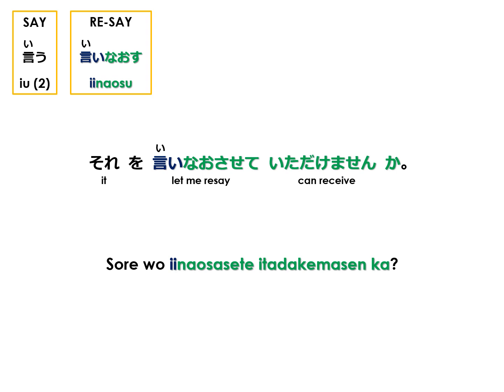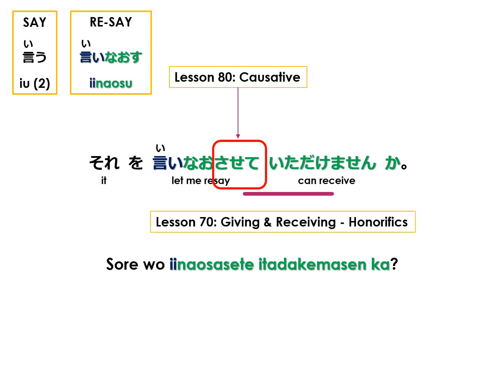First, we've conjugated いい直す into the causative tense いい直させる, meaning to let me re-say it, which we discussed back in lesson 80. Then we combined it with an honorific, becoming いい直させていただく, meaning to receive the action of letting me re-say, and we studied this back in lesson 70.